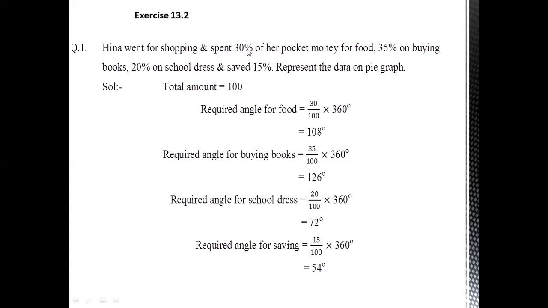If you check, 30 plus 35 is 65. 65 plus 20 is 85. 85 plus 15 is 100. So the total amount she has is 100.